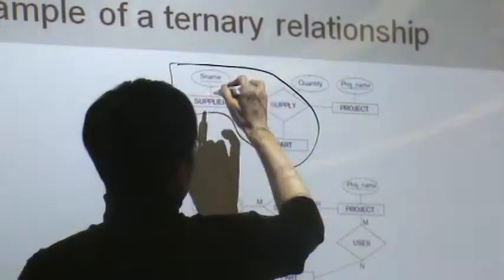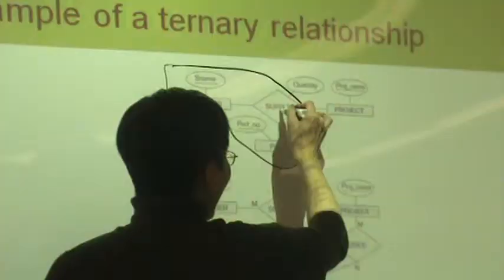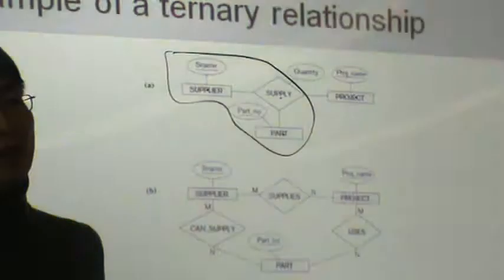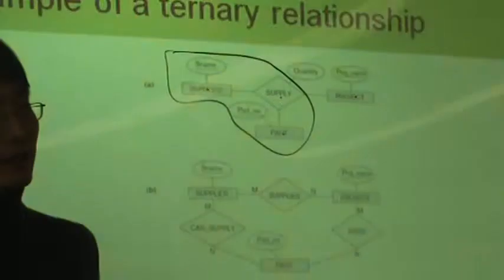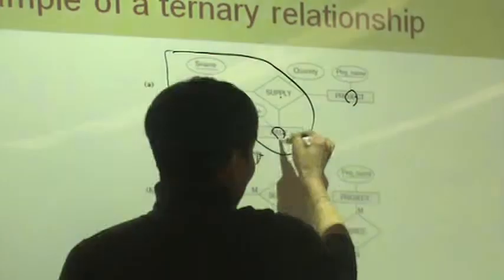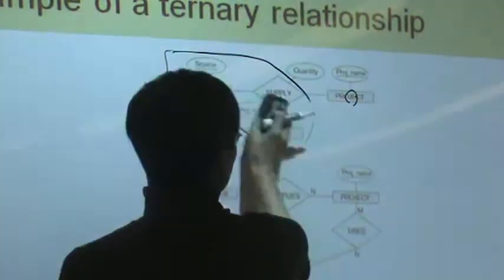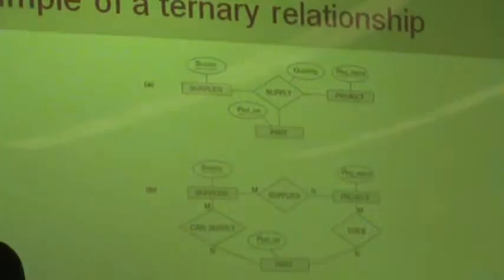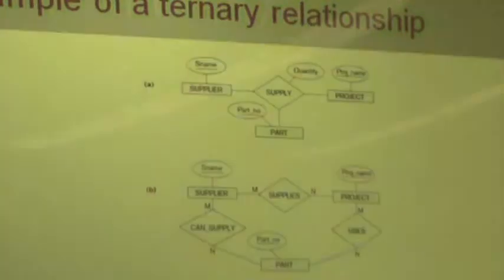However, what about a supplier supplying an item to a specific project? How many entities? Supplier, project, and part, item. So three entities are involved in this relationship. Yes, that can be possible.